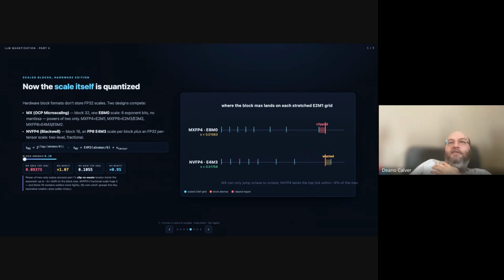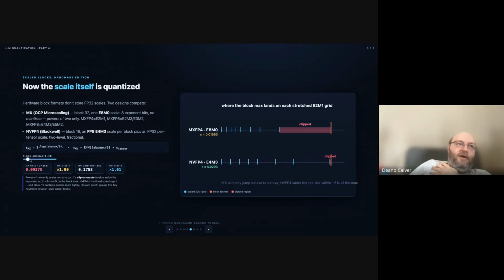This is comparing the two here at various block maxes, absolute max, and even without really knowing what these colors are, you can see this one is a lot worse than this one, right? You can go and look at the actual numbers and the data, but it's ridiculous. And the reason is, essentially, the problem with the MX formats, with the pure 8-bit exponent, is that it misfits up to the next power of 2 scale, and then it's close again.